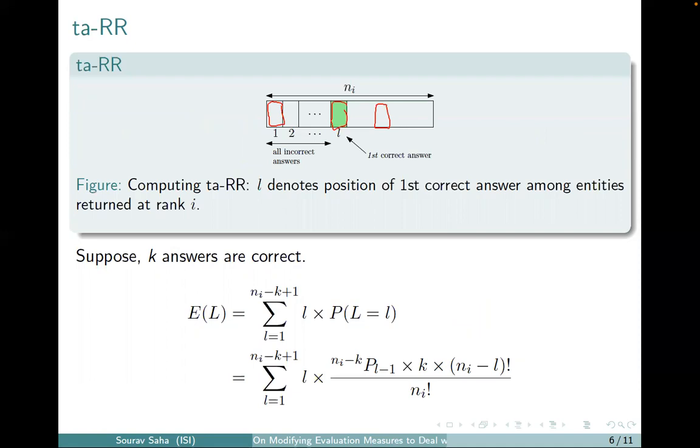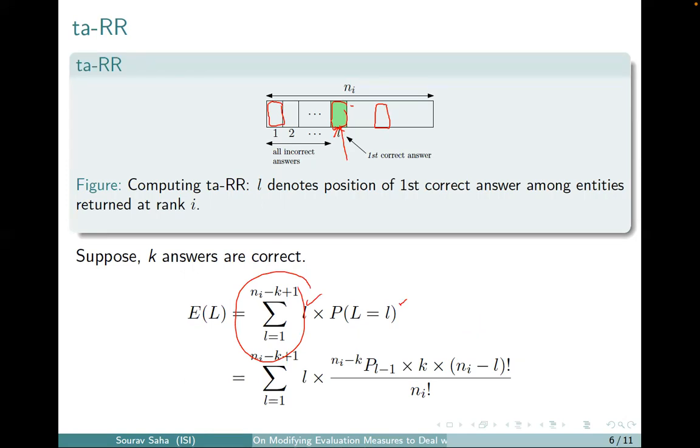The expectation value will be the sum over all the positions, that is, l running from 1 to n minus k plus 1, of l times the probability of observing the first correct answer at the lth position. Now what is this probability? How many ways can we choose the correct answer for this lth position? We have k correct answers in this block, so we can choose it in k ways.